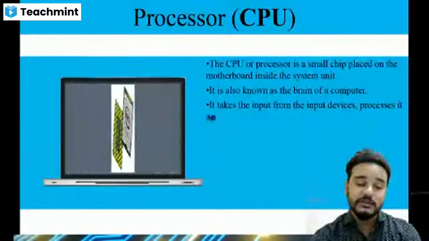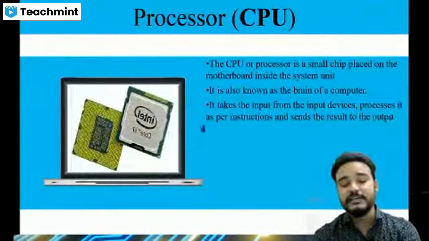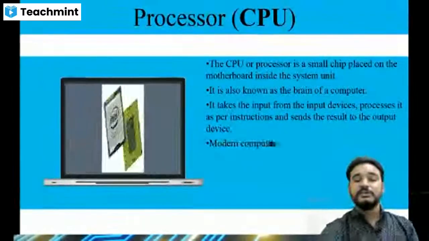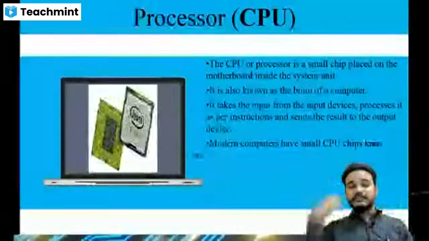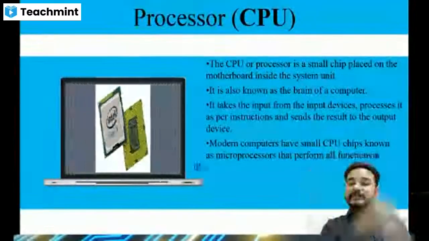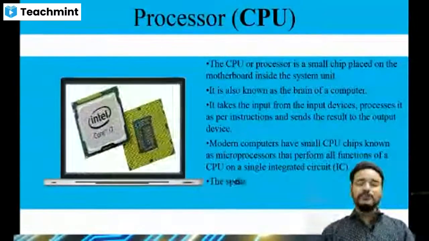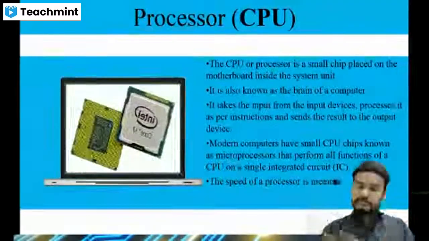Now what is the function of it? Its function is that whichever input it has received from input devices, it helps in processing, and the result it will send to the output devices.